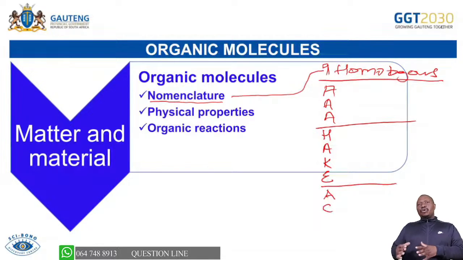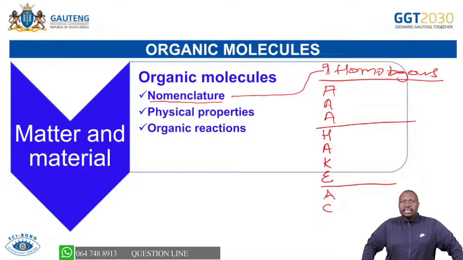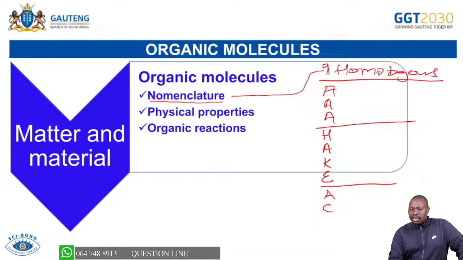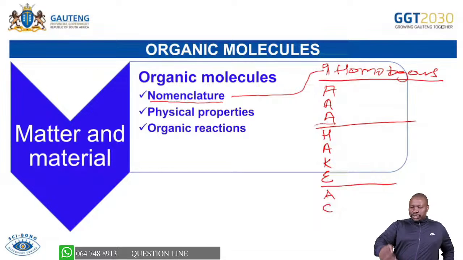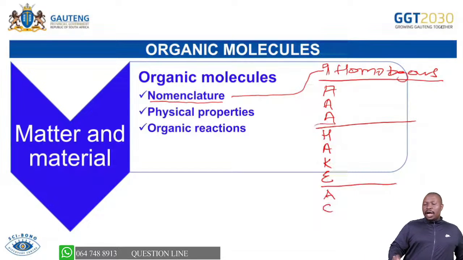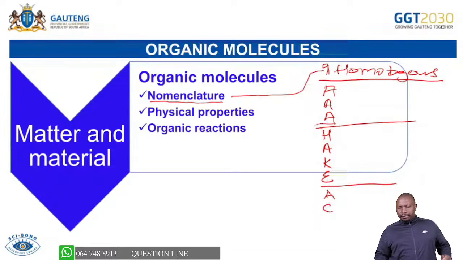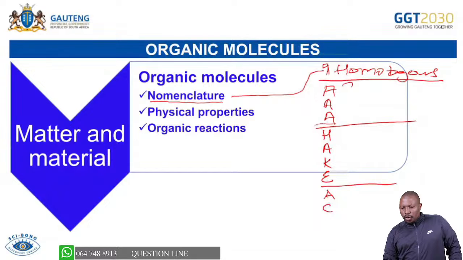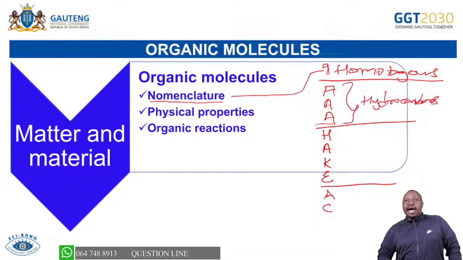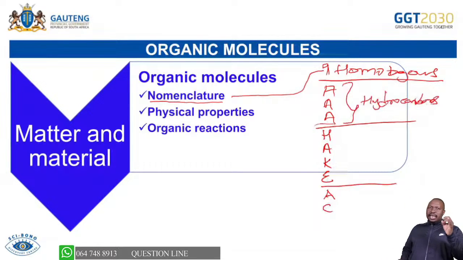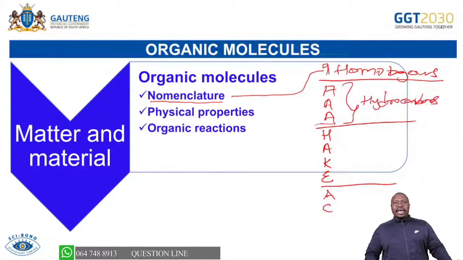The importance of grouping these homologous series in this way, where we say AAA, H, A, and C, is that you are able to differentiate. Even when it comes to the first 3, you know that these are hydrocarbons. So it simplifies it for you, because AAA, which is alkanes, alkenes, and alkynes, are hydrocarbons.